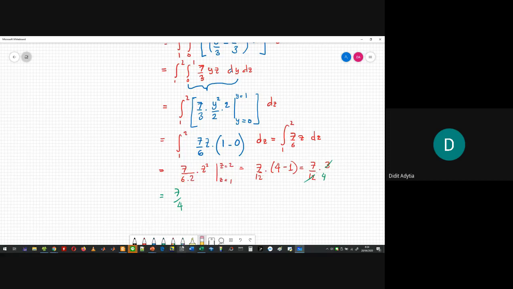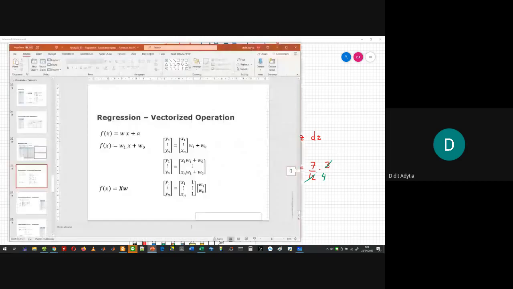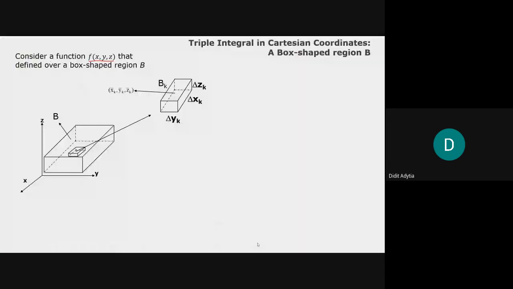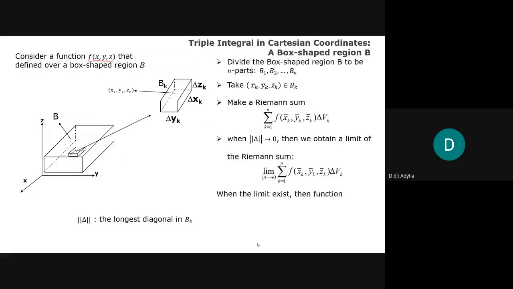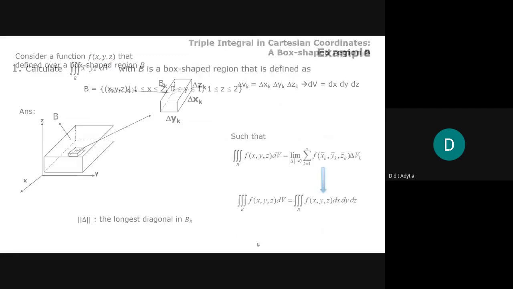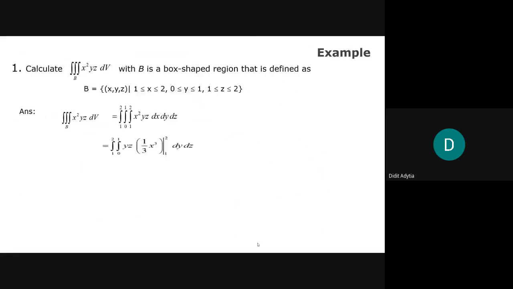Ya, harusnya benar. Okay, now then we check the slide. So this is the slides. Okay, this is exactly the same what we discussed in the canvas, and this is the example.